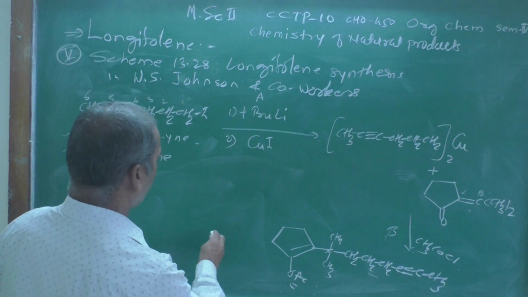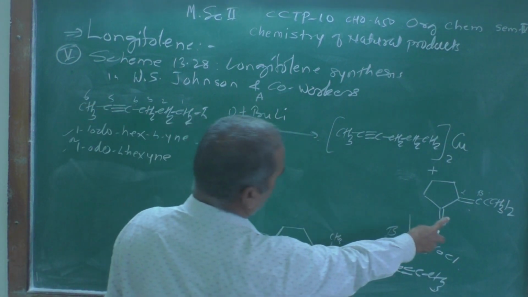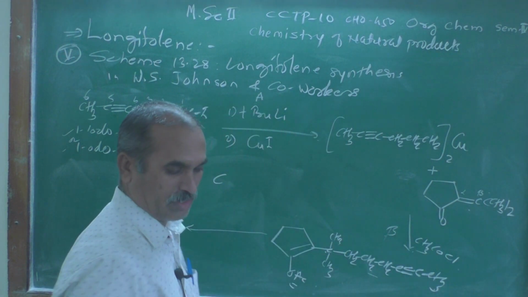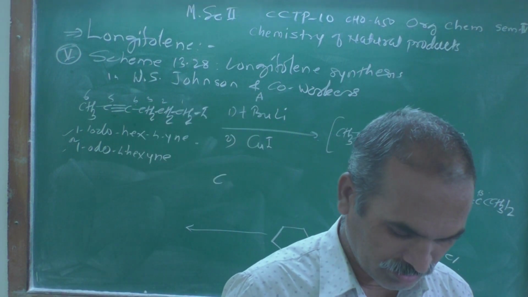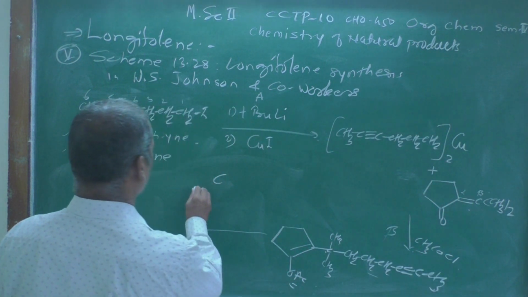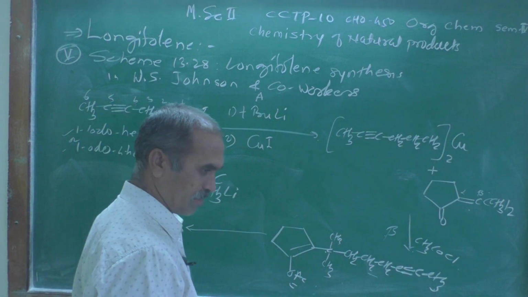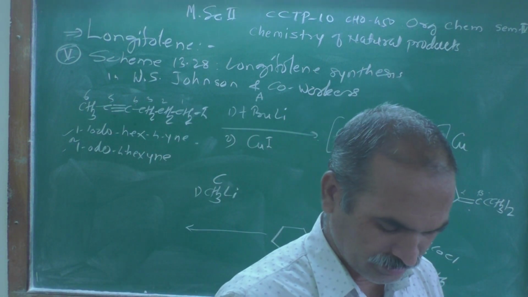Here I am adding the reagent C. There is A, the reagent B, and now C. What are the C reagents added over here? First one is methyl lithium. This is a strong base.